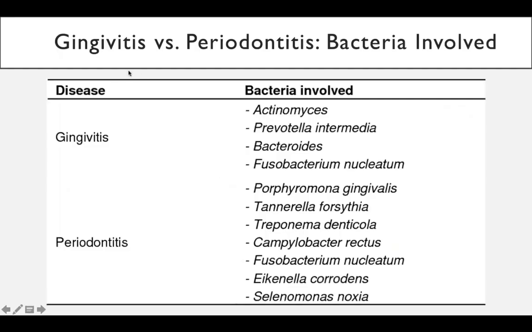And then again, we have a comparison of gingivitis and periodontitis in relation to the bacteria involved. In gingivitis, we have Actinomyces, Bacteroides and Fusobacterium, whereas in periodontitis, we have more of Porphyromonas gingivalis, and then Treponema, Eikenella, Salmonella, Campylobacter.